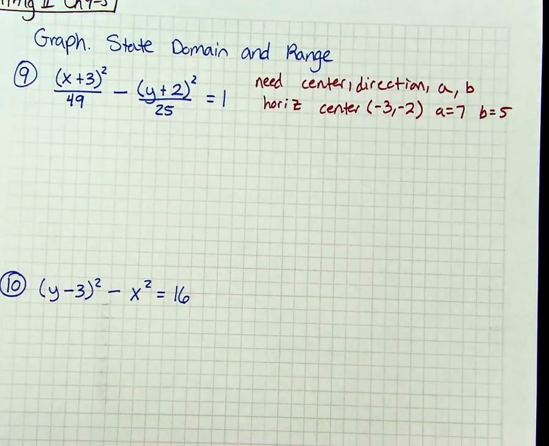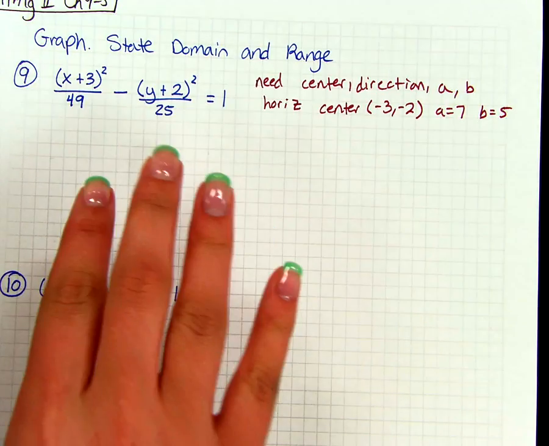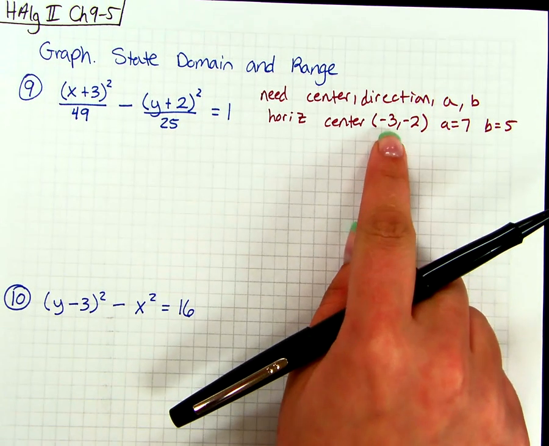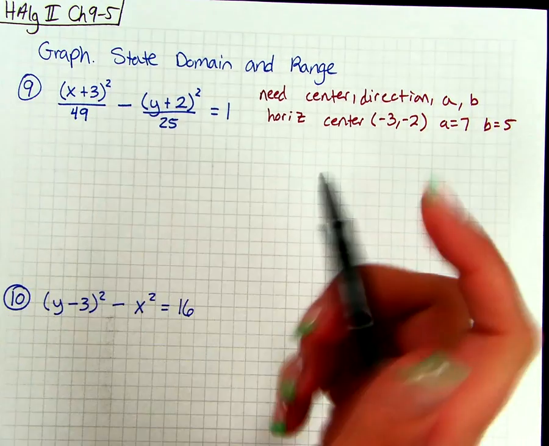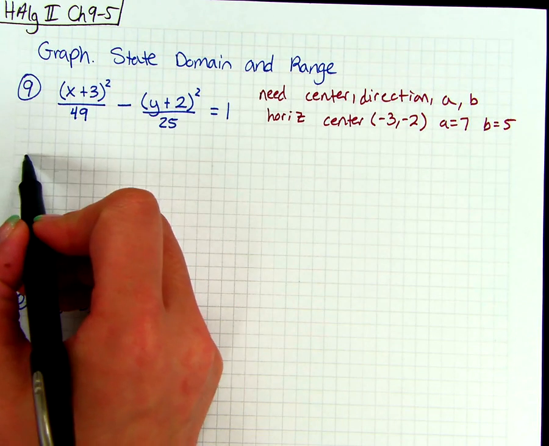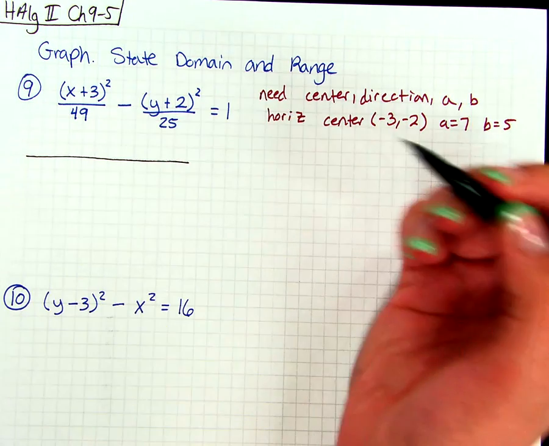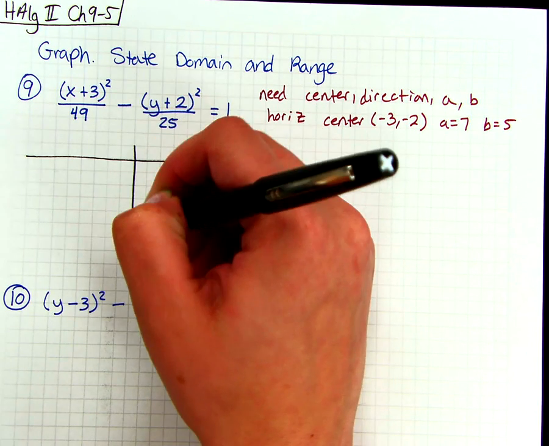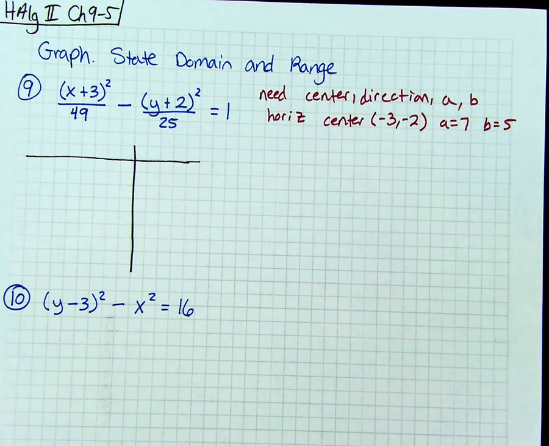Okay, so when I make my graph, just because I don't have a ton of space here, I'm going to make a scale of 2. Our center is going left 3, down 2, so we're going to need more in our third quadrant. So something like that.